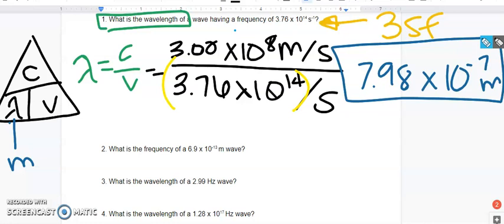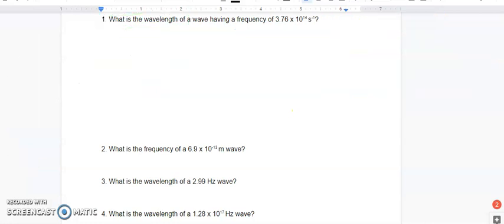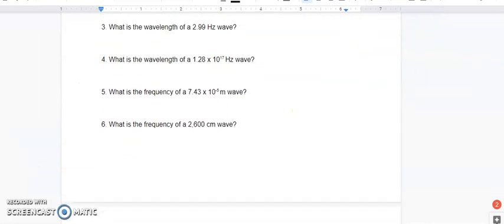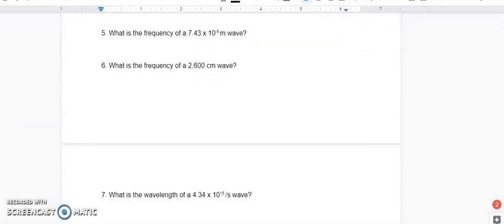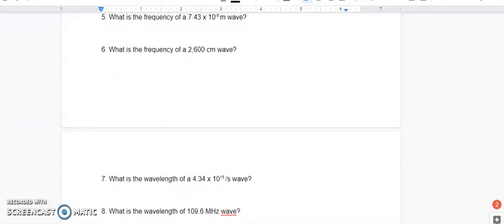All right. Now, let's do another practice problem. Let's do number 6. Number 6 is a little different because it gives you centimeters. So you're looking at a wave, so this is wavelength. But the problem is we can't use centimeters, we want meters.